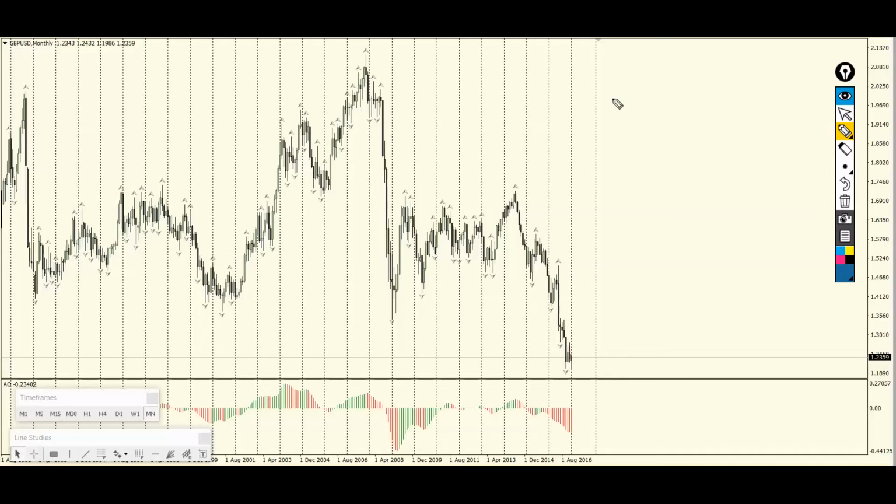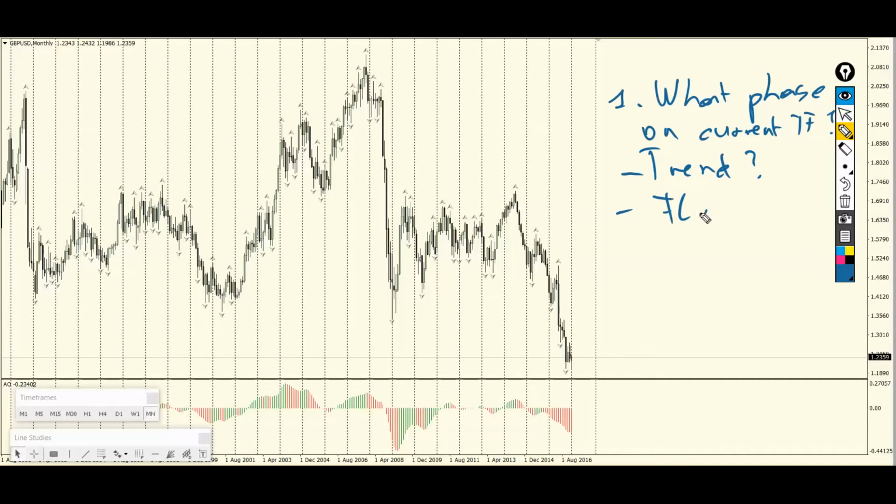So what I'm looking for first is what phase we are in, in the current time frame. So trend or flat.